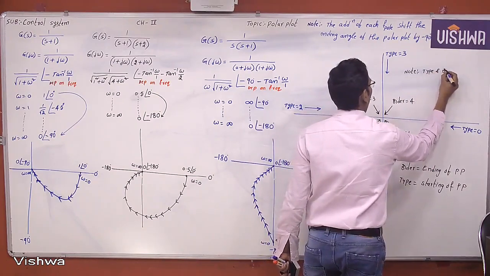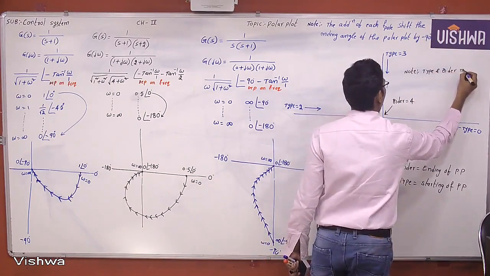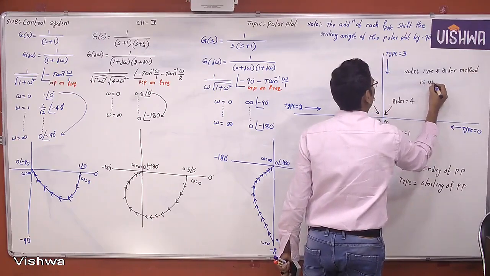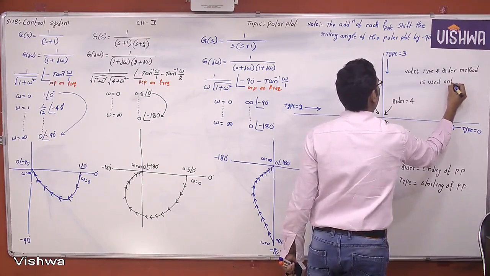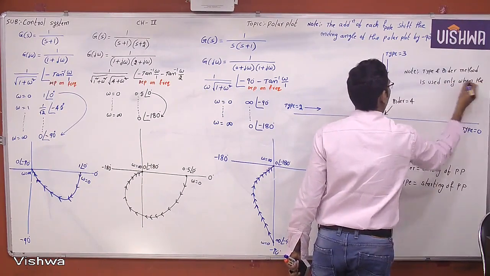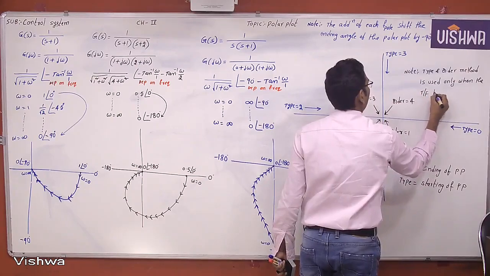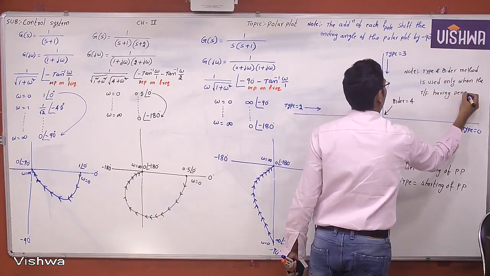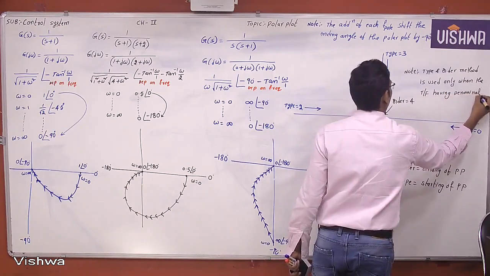Type and order shortcut method is used only when the transfer function is having only denominator polynomial. Understand or not? Means what?